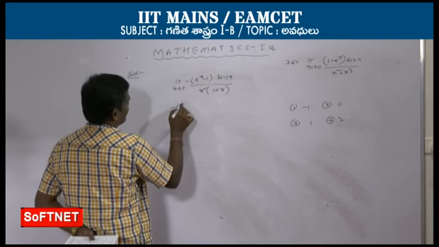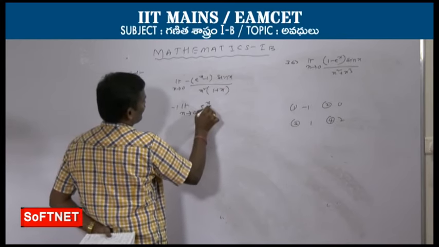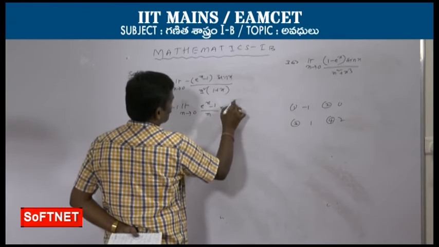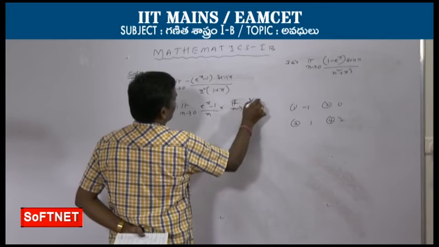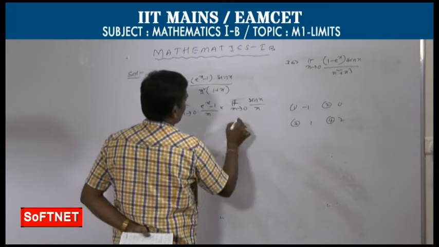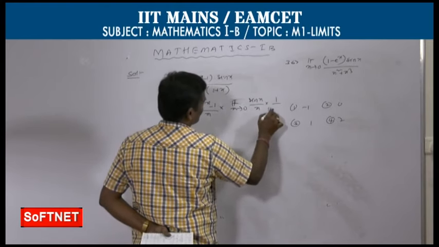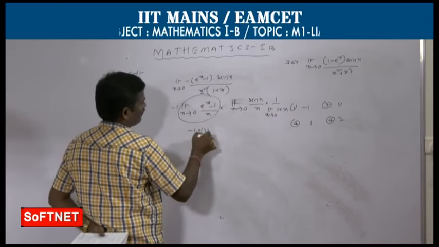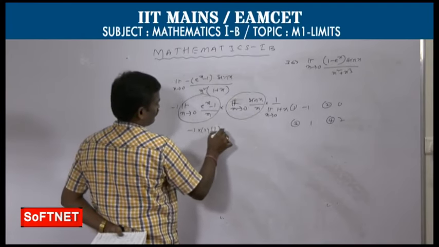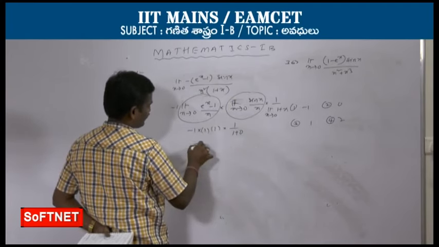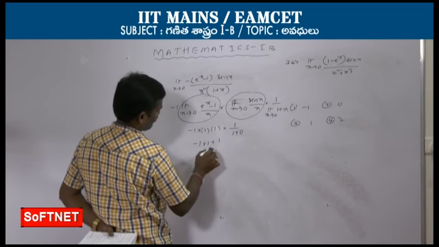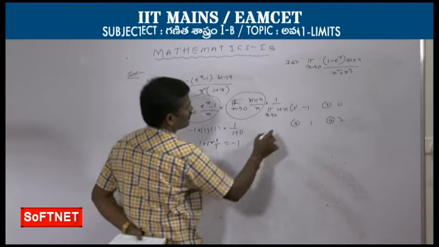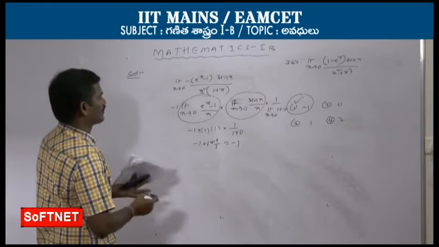So minus 1 into limit of (e power x minus 1) by x, which is a standard limit, and limit of sin x by x, with the remaining x here, into 1 by limit of 1 plus x. This is a standard limit, already minus 1 we have, 1 into 1 by 1 plus 0. So minus 1 into 1 into 1 by 1. It is nothing but minus 1. Minus 1 is the answer. First option is correct.